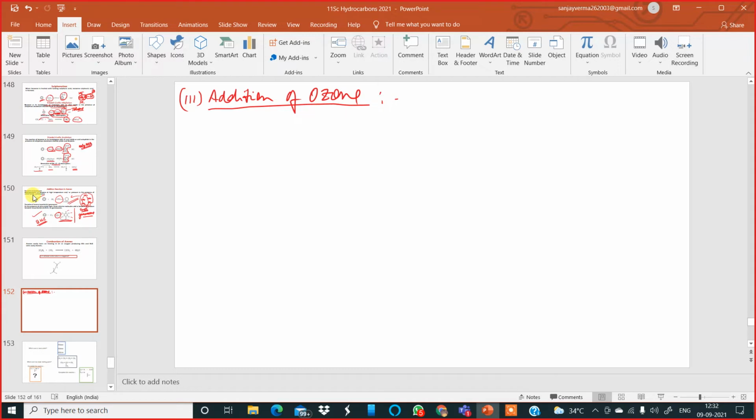Now for the addition of ozone, to explain this reaction, I would like to draw the structural formula of benzene in this manner. Have a look very carefully. CH, HC, then CH, then again double bond, CH, then this side I'll put CH, double bond, then CH, then over here single bond. So now I'll introduce ozone. Since there are three double bonds over here, we will need three molecules of ozone.